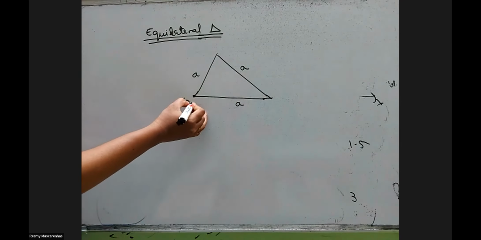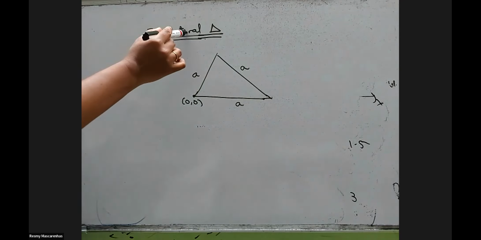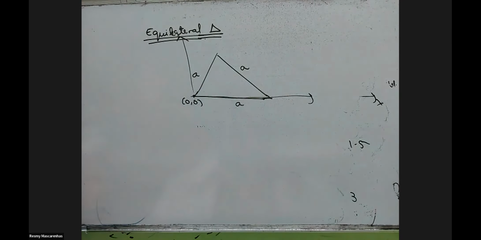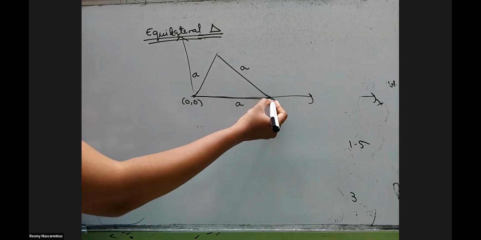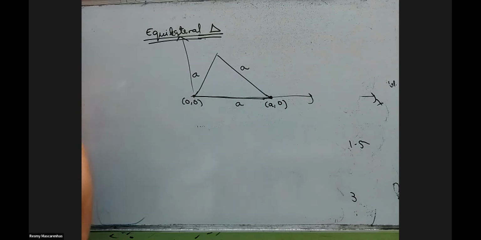Take this as the reference, 0 comma 0, imagine this is on the x and y axis. From here to here you have traveled distance a, so this point will be a comma 0 on the x axis.